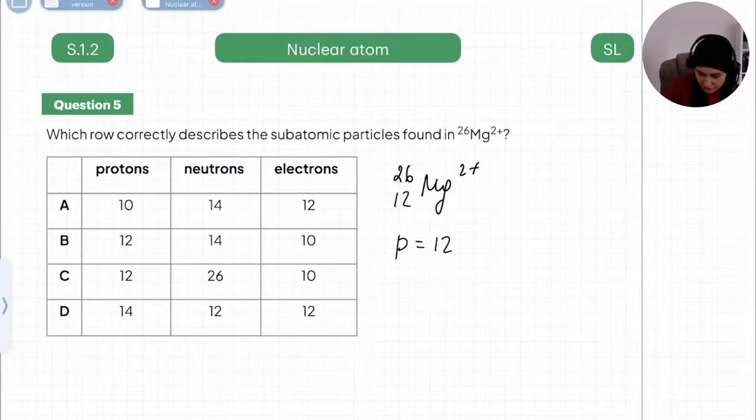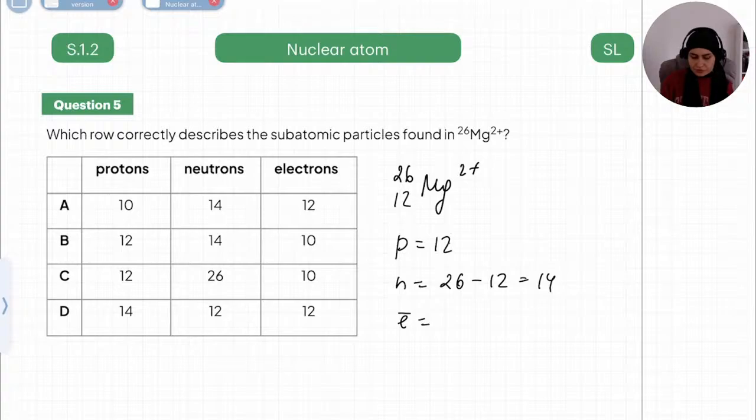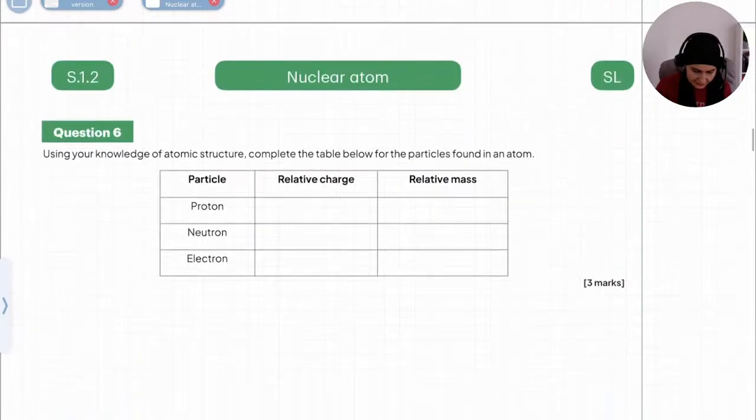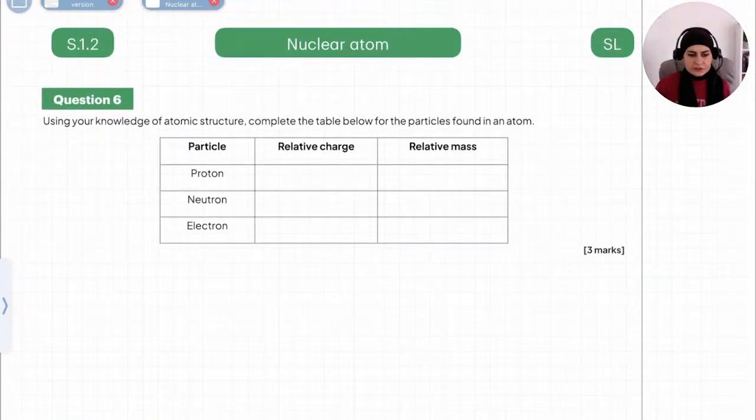Neutrons would be 26 minus 12, 14, and electrons would be the same as protons, so 12 minus 2 because it's plus 2, so 10. 12 protons, 14 neutrons, 10 electrons, so B. Okay, fine, B.